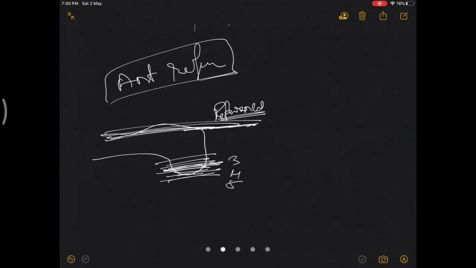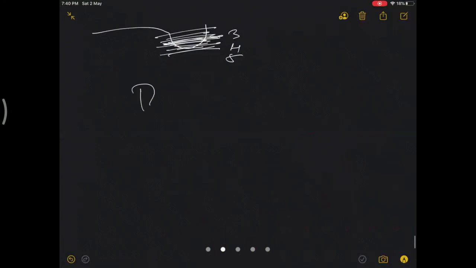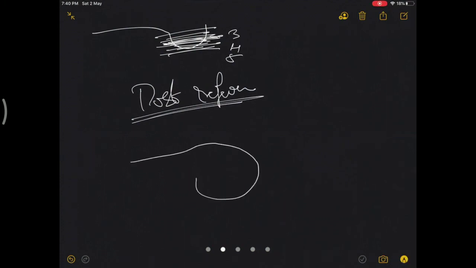This is anterior referencing. Okay, so posterior referencing is you take a posterior cut, and the further sizes are changed by the anterior cut.